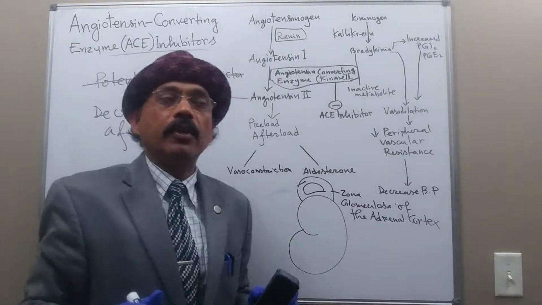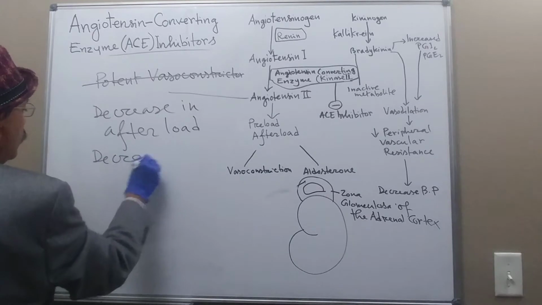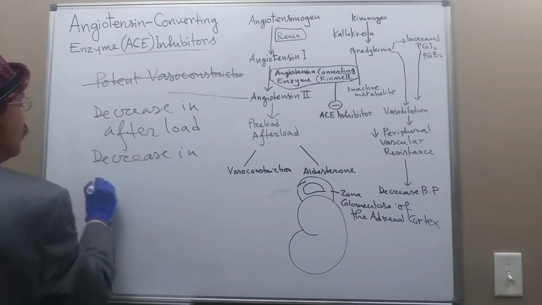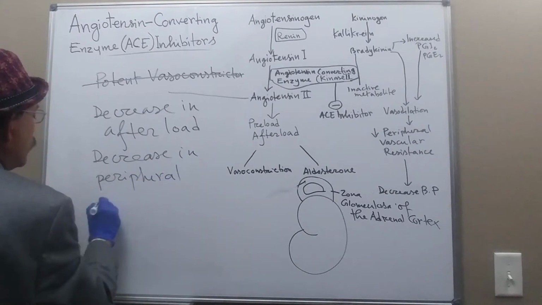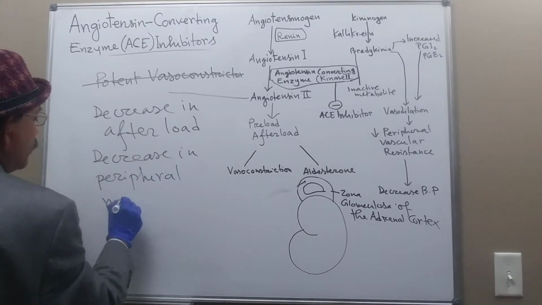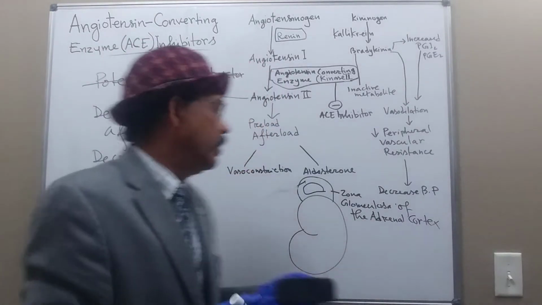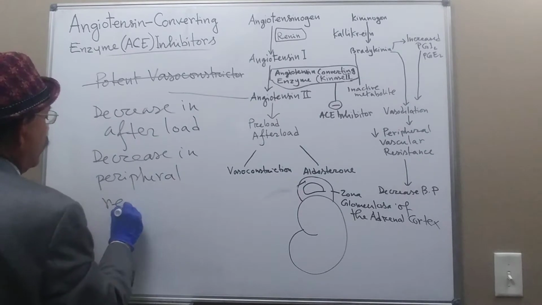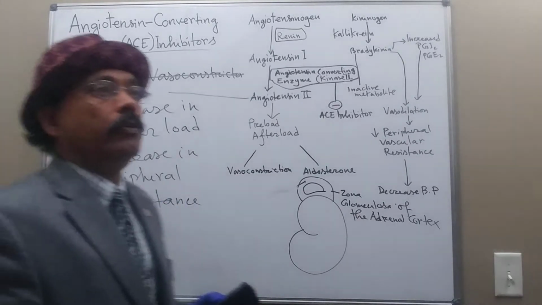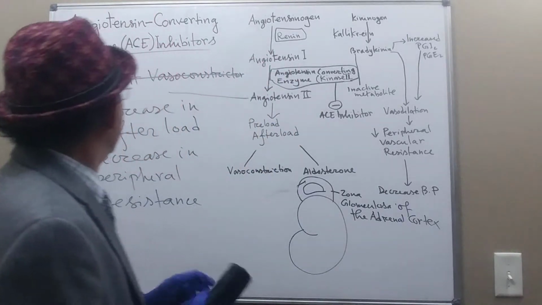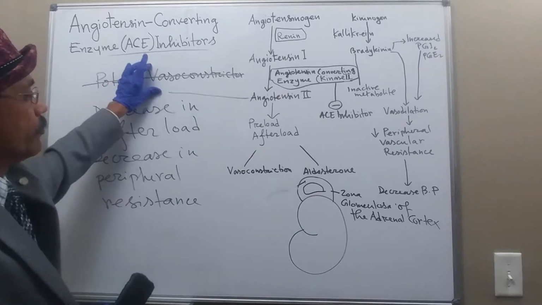So there will be a decrease in peripheral resistance. Resistance in the blood vessels, especially in the arterioles and other small blood vessels. Okay, we got that angiotensin itself is a vasoconstrictor.